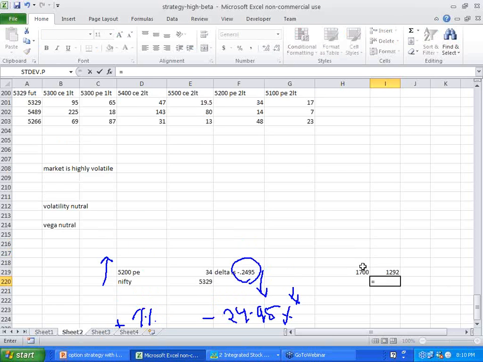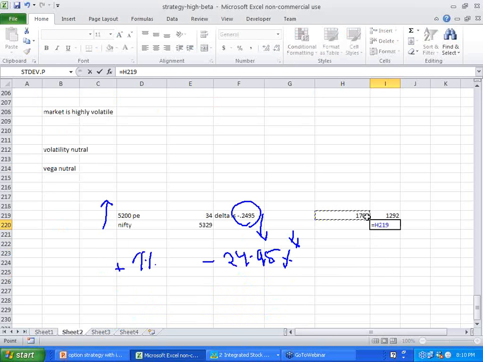Similarly, if Nifty comes down by 1%, your money can increase by 24.95%. Your money can become 2124 or 1292 if Nifty goes up or falls by 1%.